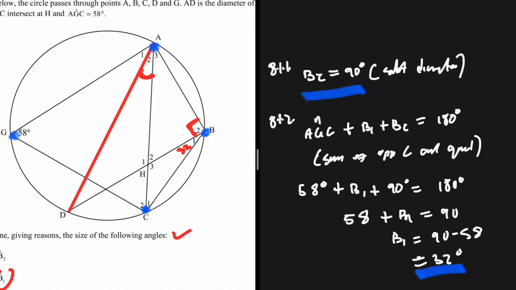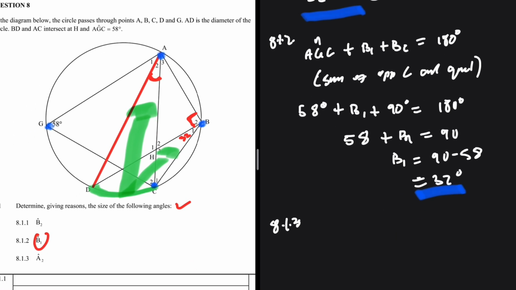Let's explore B1 and see how we can relate A2 and B1. B1 is subtended by the arc DC. That same arc also subtends A2.